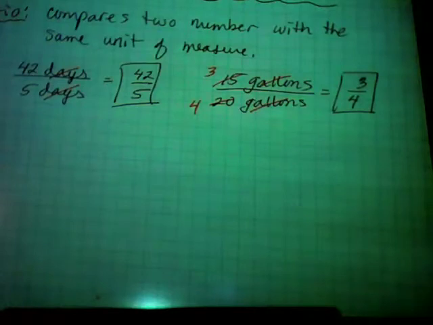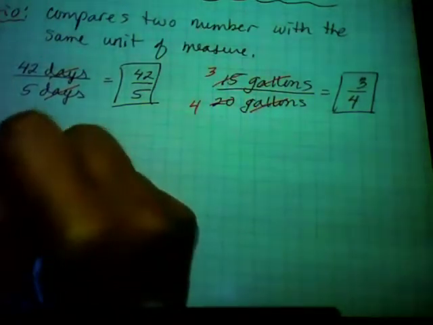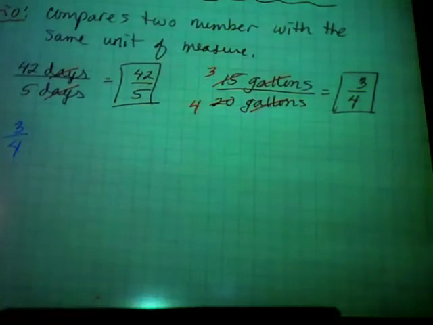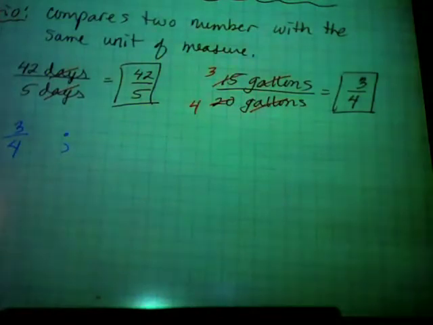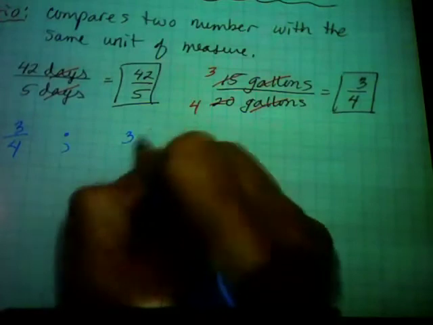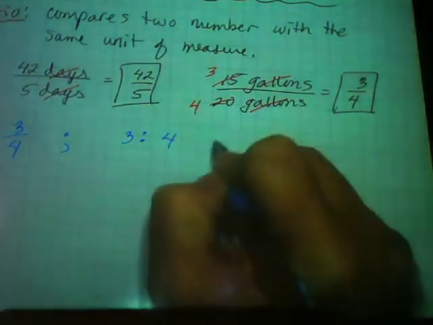All right, so the only other thing you need to know about a ratio is that there are 3 different ways to write a ratio. So isn't that one way? Yeah. So a fraction, so we're going to do the fraction 3/4. So that's one way. Anybody know a second way? Caleb? 3, colon 4.